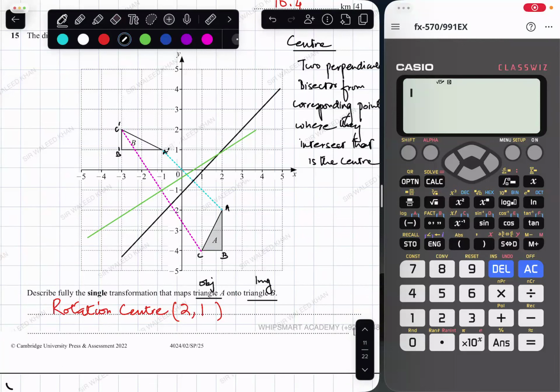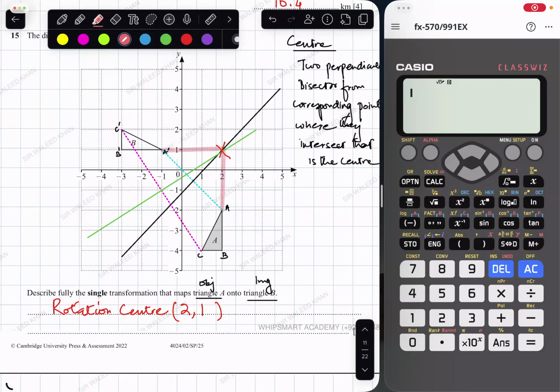Now, to verify it, you can also see that if I join, this is the center now. If I join the vertices of the corresponding points, right? So let's say this and this. This A to the center, this A to the center.